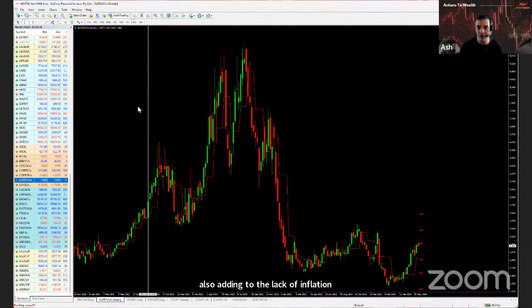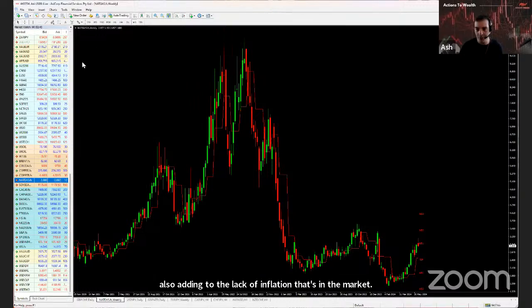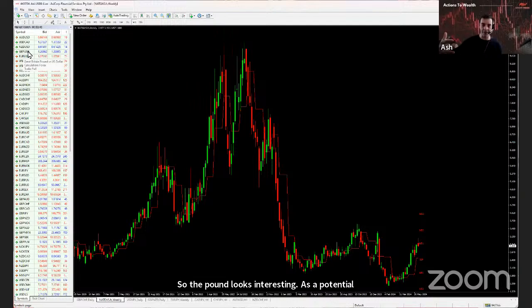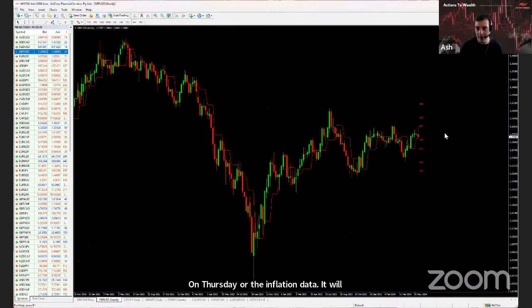So the pound looks interesting as a potential sell. Now, regardless of whether it sells after that interest rate decision on Thursday or the inflation data, it will probably sell into that number. And if you look at this on a weekly chart, this is a selling bar.